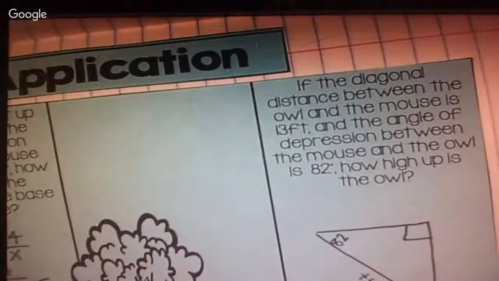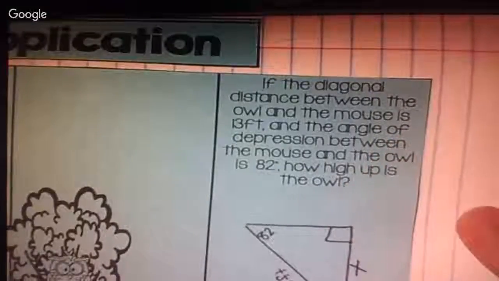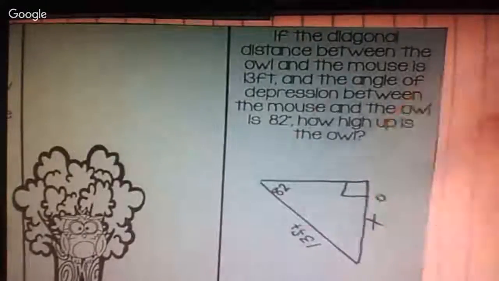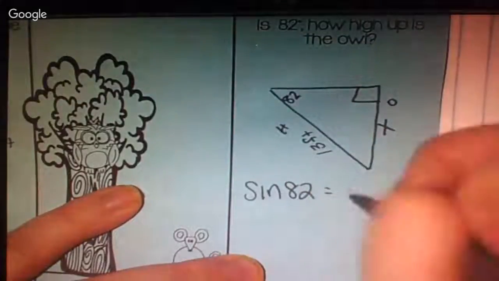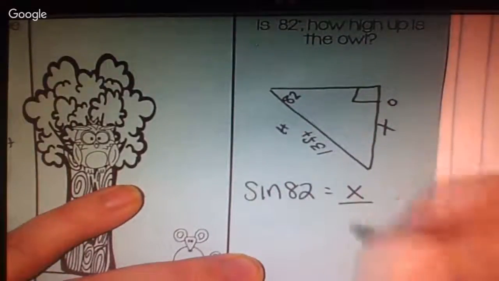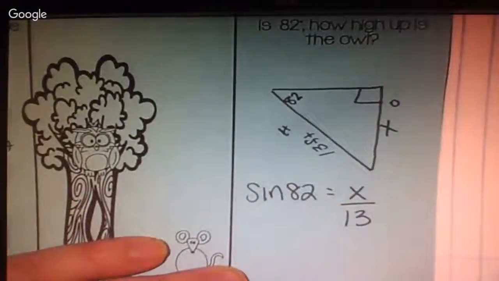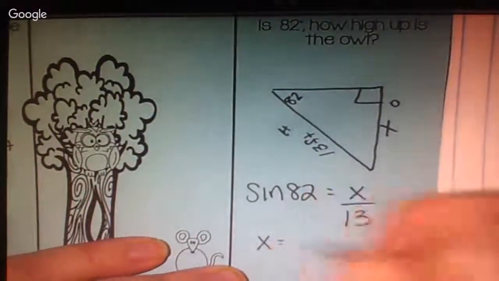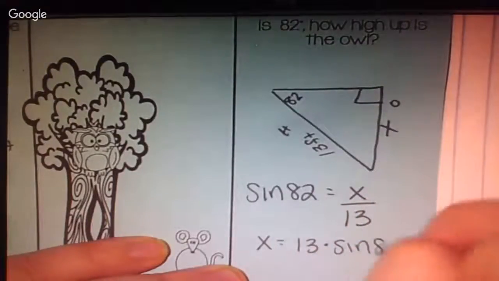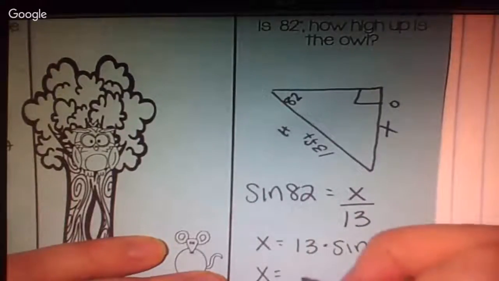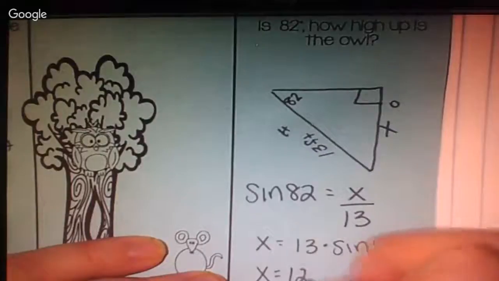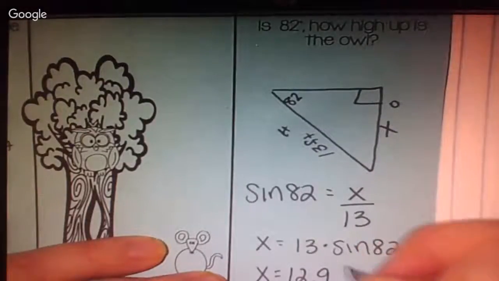The height. So I'm looking for this leg on the side, how high up it is. So I'm looking for the opposite side, and I have the hypotenuse. So we're using sine. Sine of my angle equals x over 13. When x is on top, that means we multiply. 13 times the sine of 82. 12.8. 12.9 feet.